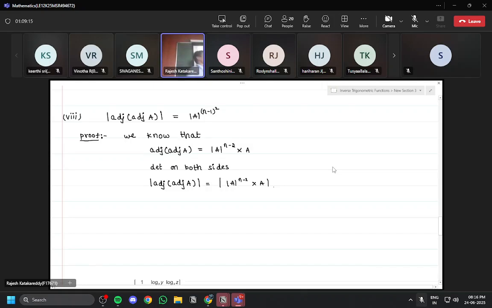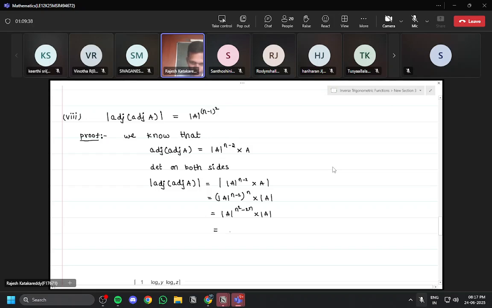Taking it out, we should write power n. So this will be determinant of A to the power n minus 2 whole power n into determinant of A. So this will be equal to determinant of A to the power n square minus 2n into determinant of A.